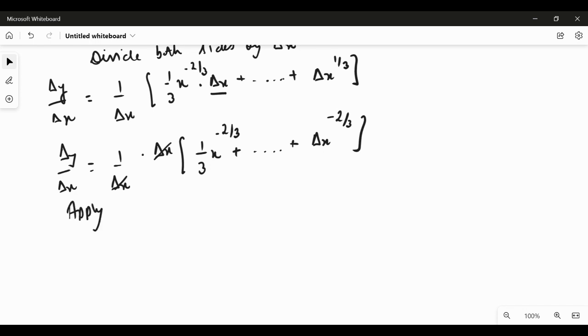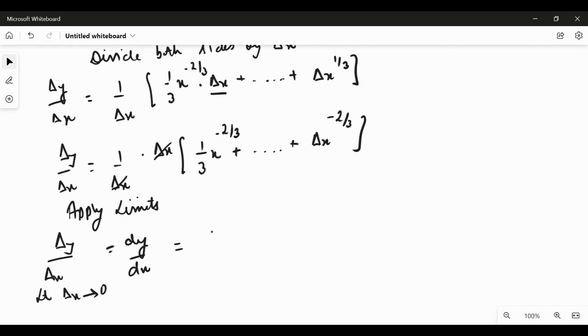So I will now apply limits. So Δy divided by Δx, limit as Δx approaches 0, is equal to dy/dx. Okay, and what will I get? Where we have Δx, I will convert it into 0.